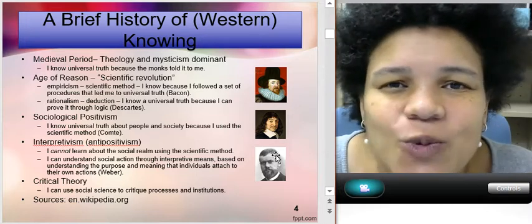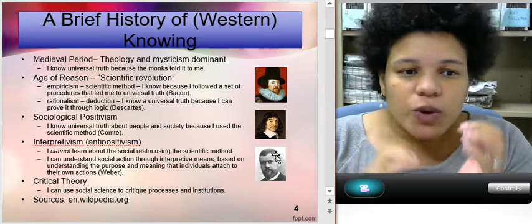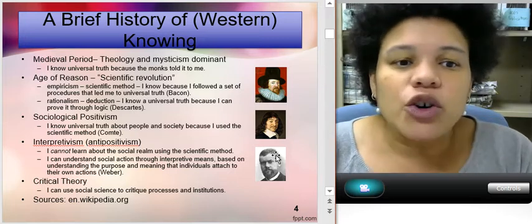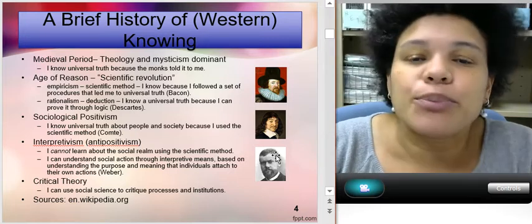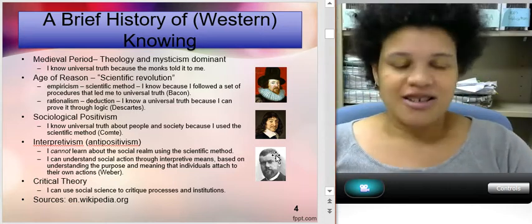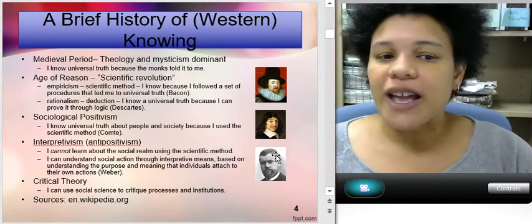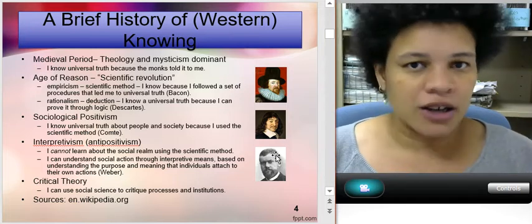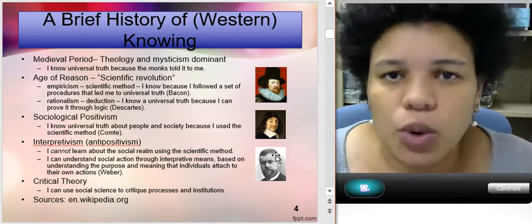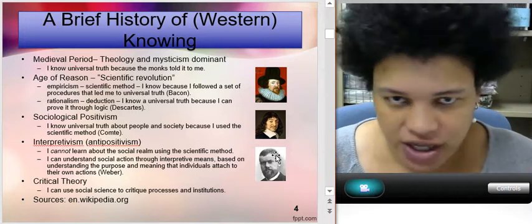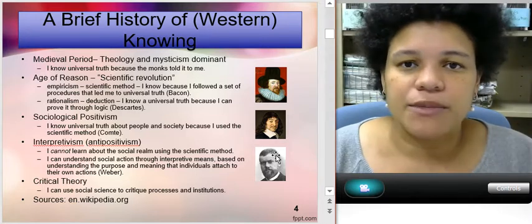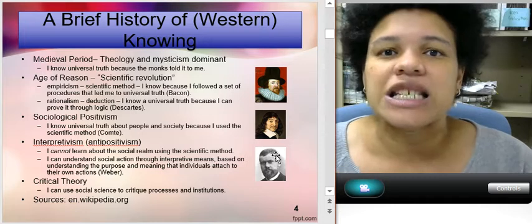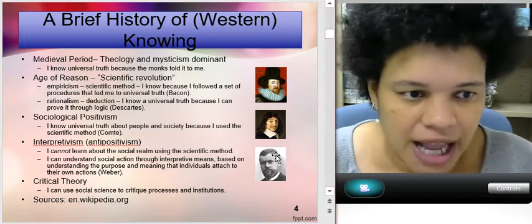Then this idea of rationalism and deduction we get from Descartes, right? I know a universal truth because I can prove it through logic. So then, okay, so we can figure these things out, and usually they were talking about things in the natural world, astronomy, chemistry, these kinds of things. These kinds of things were some of the first sciences to be explored, mathematics, that sort of thing.